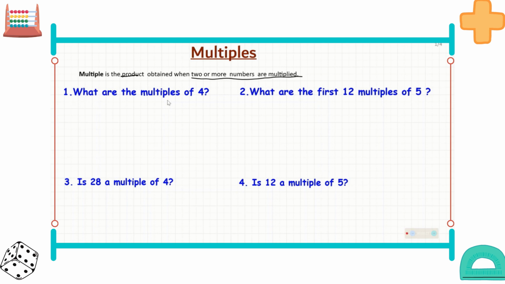Number one, what are the multiples of 4? If we want to know the multiples of 4, since it says product of two or more numbers, let us multiply numbers by 4.